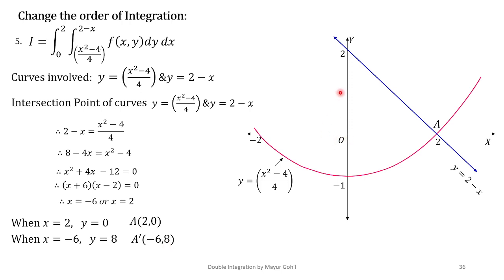Now observe here in the diagram that A prime is not required. The reason is the projection limit. When you see the double integral given to us, the projection limits are from 0 to 2 and they are for variable x. So 0 to 2 is going to fall on the right hand side of the y-axis, on the positive part of the x-axis.